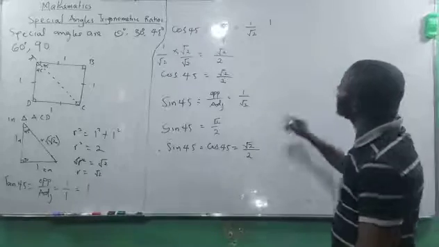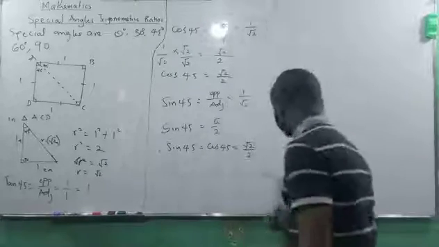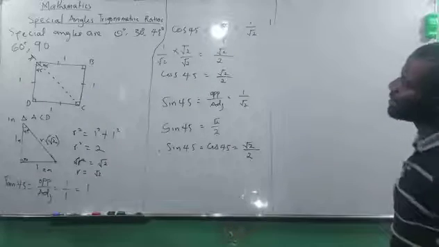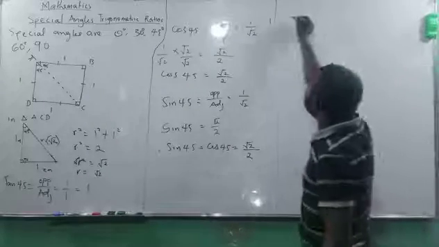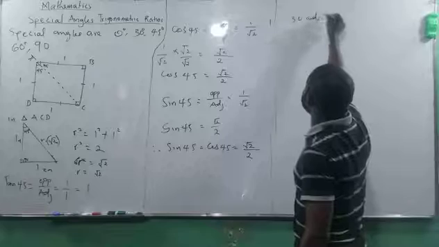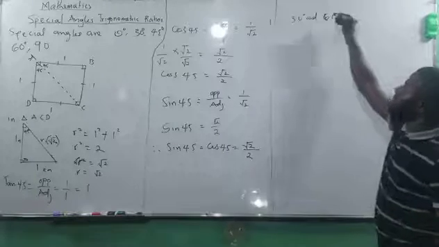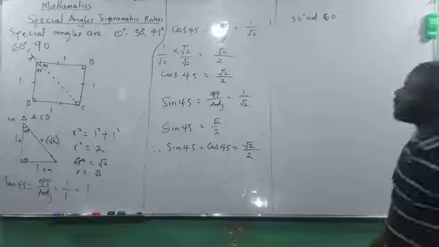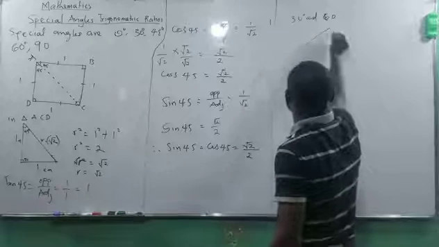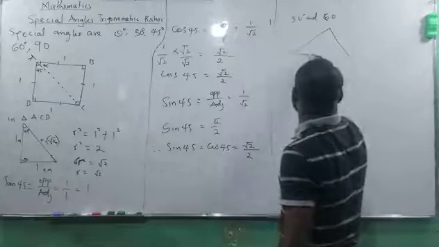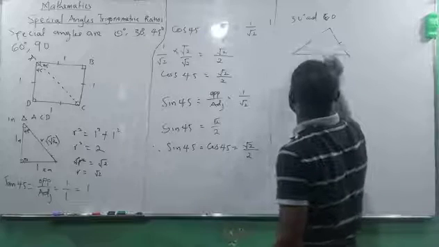Okay, now at this junction we need to move on to the next one. The next one is 60 and 30 degrees. They are all in degrees. Now, how do I treat this? Don't forget right angle triangle, rectangular triangle. This is an equilateral triangle. All sides are equal.